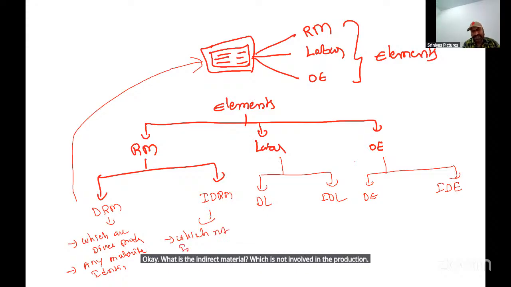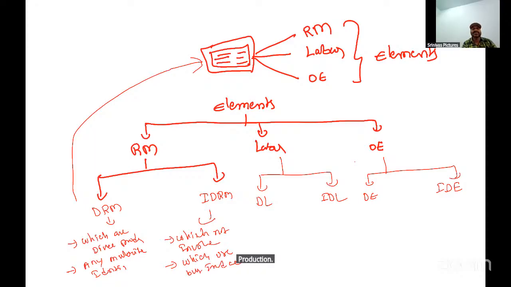It means the material is used but not traceable in production. That is called indirect raw material. What is the difference between direct and indirect material? Simple. One can be traced and the other cannot be traced. One can be used in the direct production and the other cannot be used in the production. Is it clear?